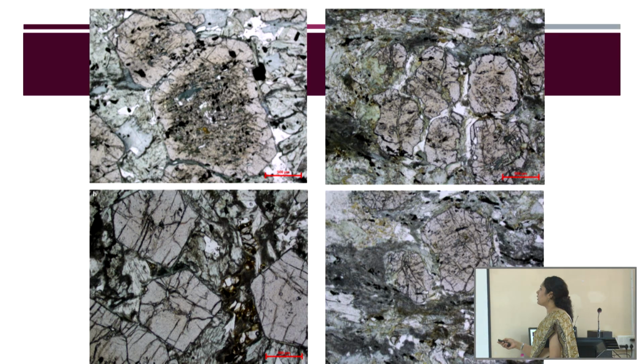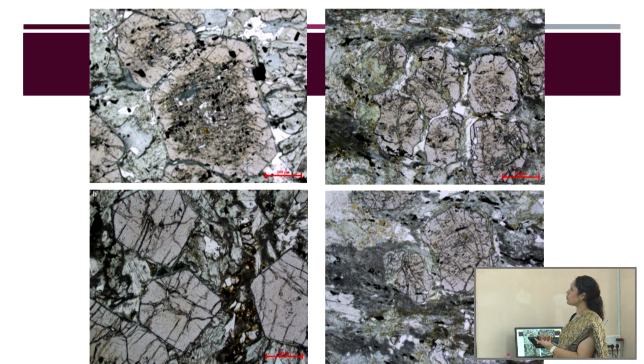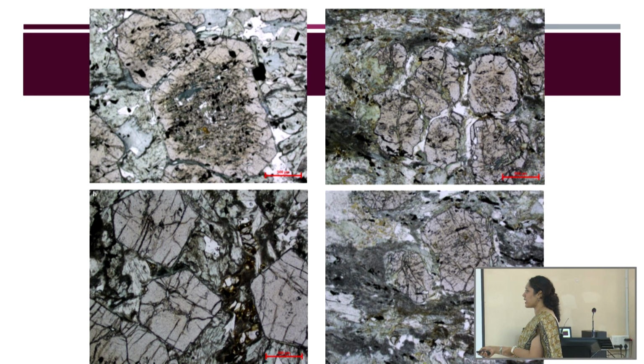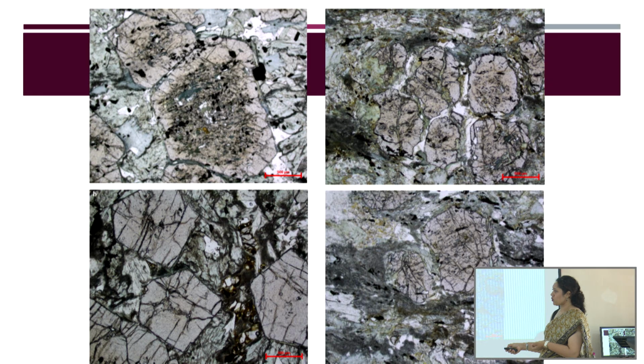Okay, this is how they look. They are beautiful euhedral idioblastic grains with cores full of inclusions, rims which are relatively free of inclusions, and of course at places completely devoid of any inclusions. These are the grains which are the coesites.